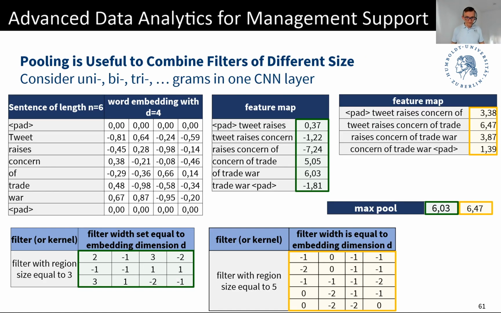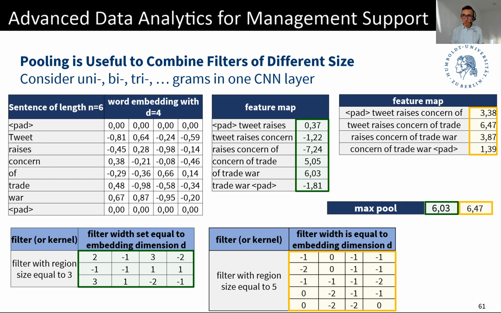All right. Here's just an example of that. What I just said, how two filters with region size equal to 3 and 5 respectively give us different feature maps and how we could then max pool these together to get a well-shaped output of our convolutional operation or of our convolutional block.